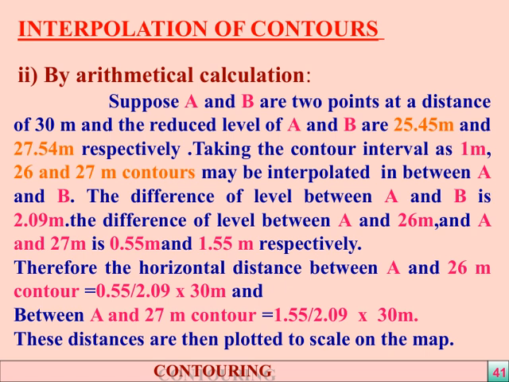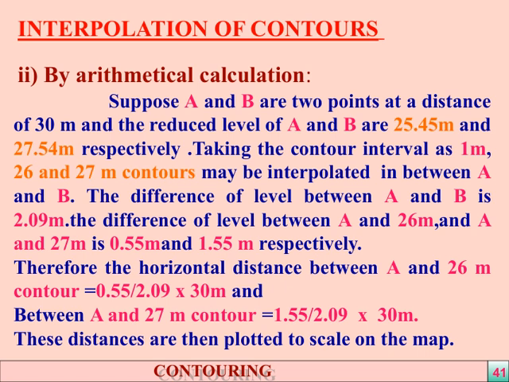To find the horizontal distance from point A to each of these contours, we use the ratio of the level difference to the total difference, multiplied by the distance between A and B. So, the distance from A to the 26-meter contour is 0.55 divided by 2.09 times 30 meters. Similarly, the distance from A to the 27-meter contour is 1.55 divided by 2.09 times 30 meters.